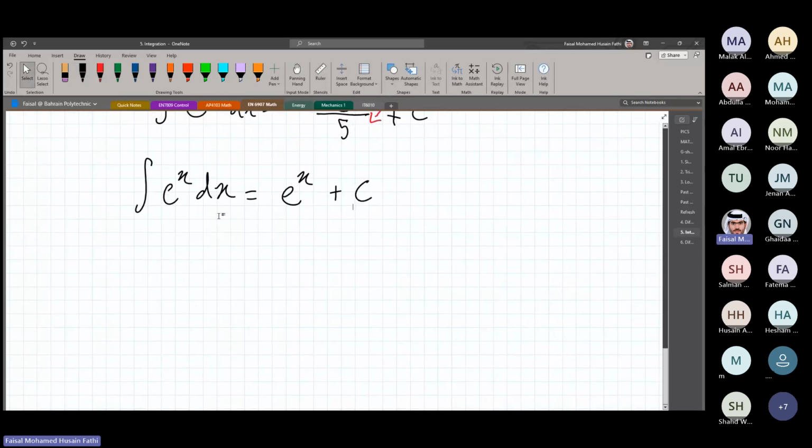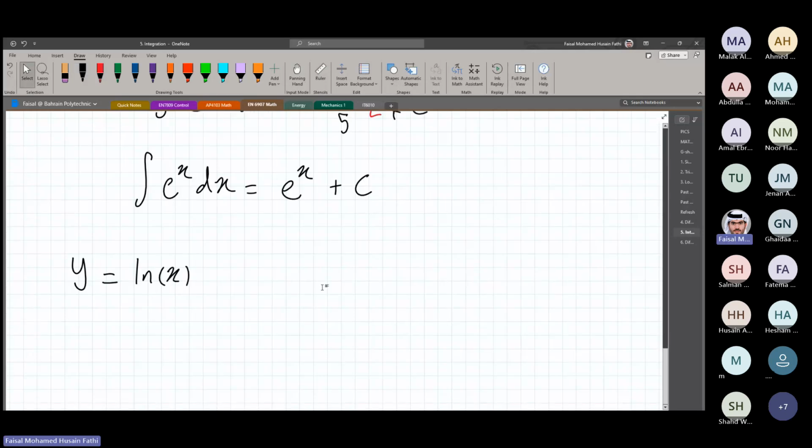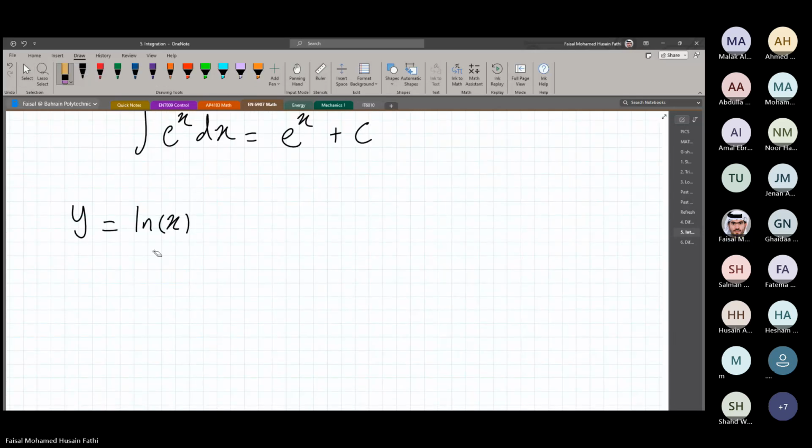And the last point when it comes to the general rules: remember that y equals ln of x. dy by dx of ln of x, if you remember, is 1 over x.